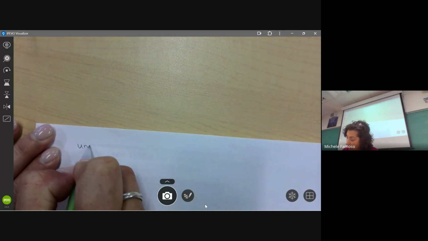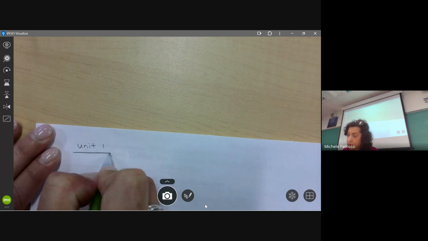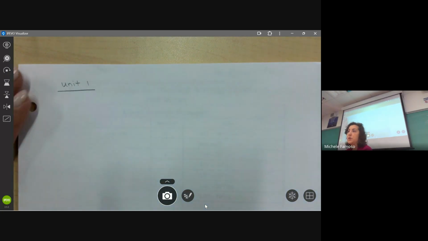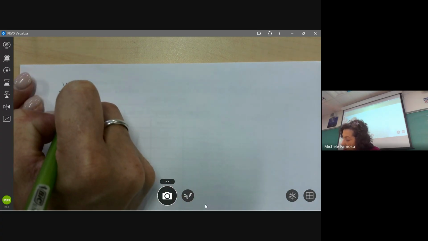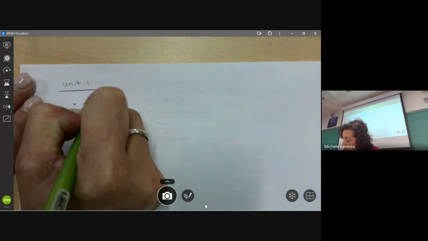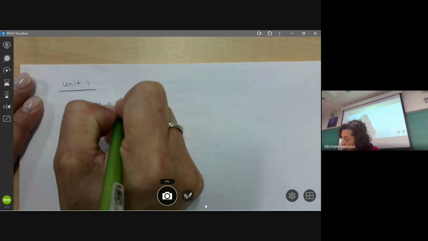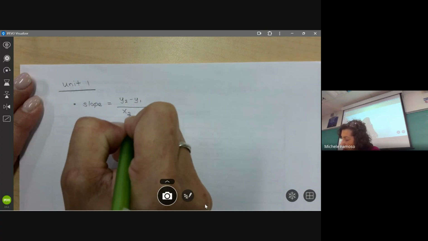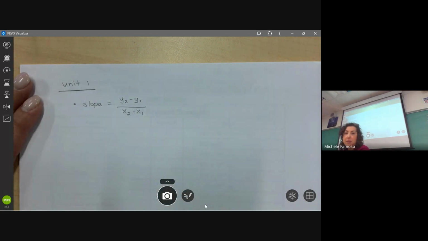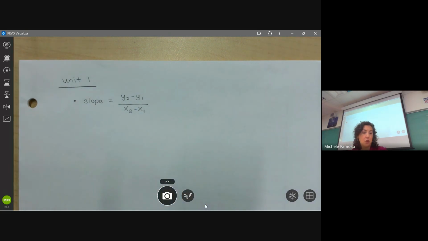And we're going to add equations that are not here that we need for the course. This equation for unit 1 that we need is our slope equation. So I'm going to say that the slope is equal to y2 minus y1 over x2 minus x1. That's the equation that we're going to use for the slope. Slope is y2 minus y1 over x2 minus x1.